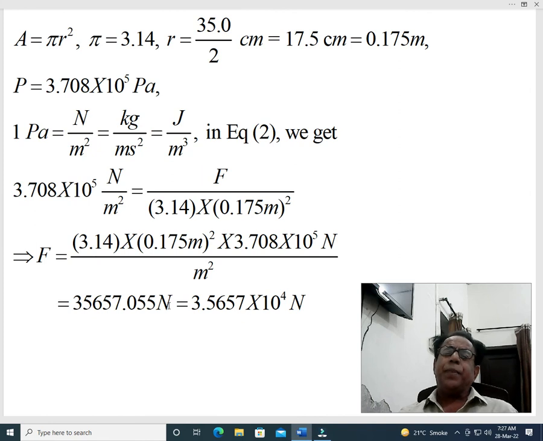But as a matter of discretion, we have converted this value as 3.5657 into 10 raised to the power 4 Newton. Similarly, we can write it as 35.657055 into 10 raised to the power 2.